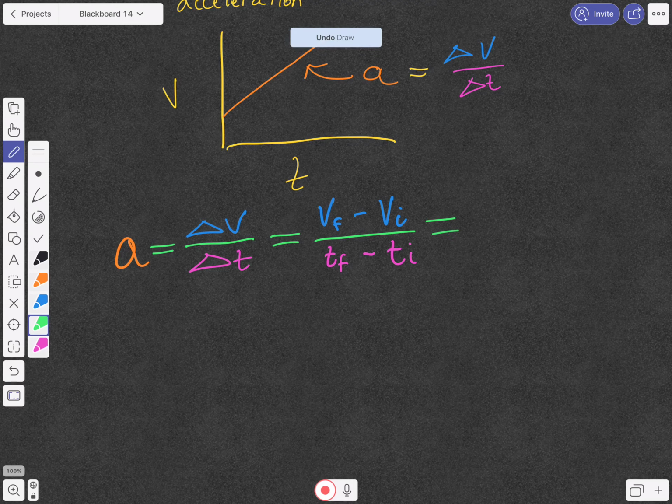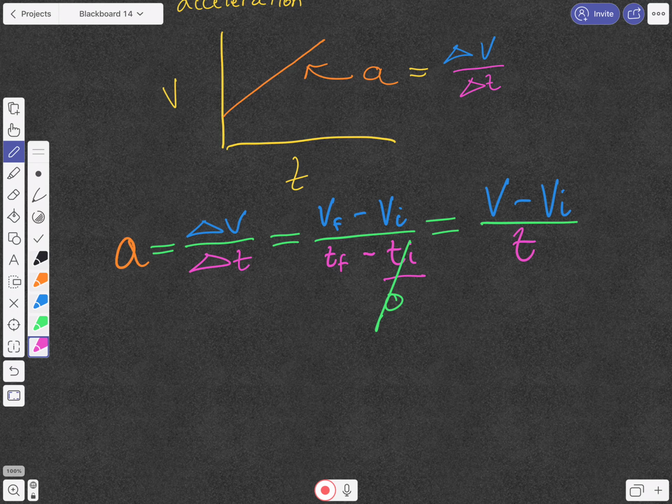So that being said, for these problems, we usually will start with our time initial being 0. So if that is 0, we can actually cancel it out. And if instead of saying final, we're talking about current, we can leave it as just v, and that is still going to be minus our initial velocity. And instead of time final, we're just talking about our current time.